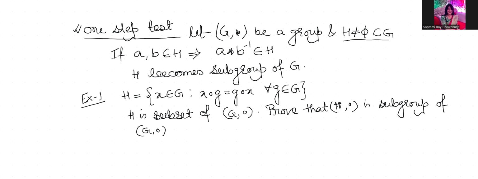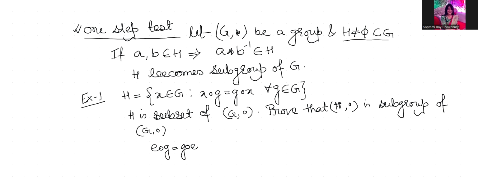Time's up. Now, you know the element identity, e circle g always gives you g and this is equal to g circle e. It commutes with every element.